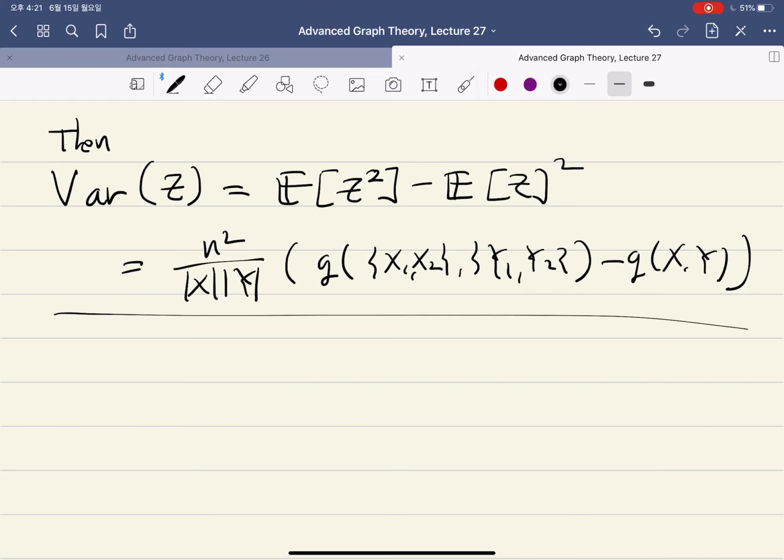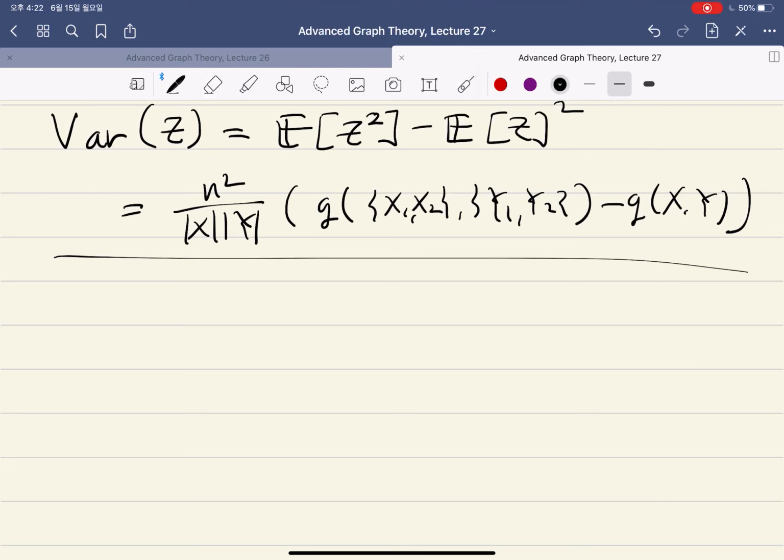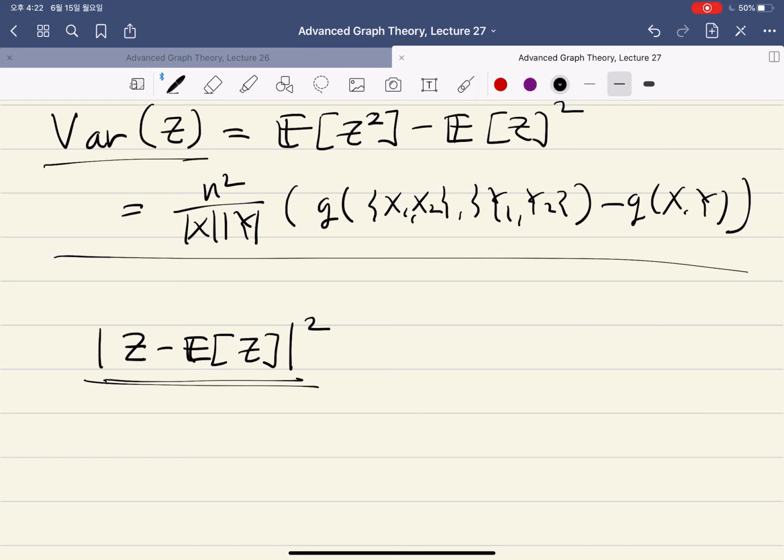So this is what we have. But what does our choice say? This variance is actually the expectation of this. Variance, not the variation. Variance of g is actually the expectation of this, which is what we know.